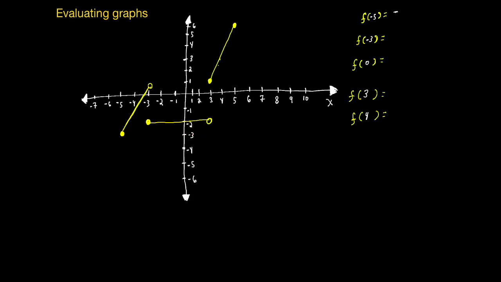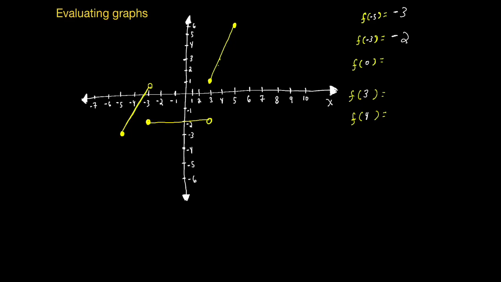So we get -3. Let's evaluate f of -3 now. So here we see that we're in this scenario where we have an open hole and we have a closed hole. And again, we want to get the one that's closed. So f of -3 is going to correspond to -2.